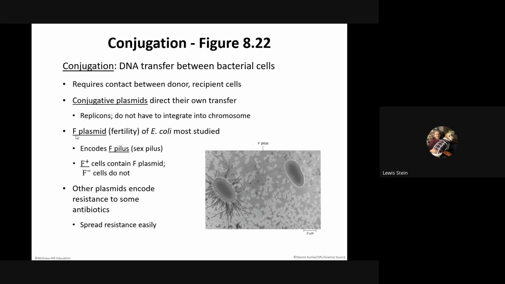One, the ability to make the F pilus or fertility pilus, as you can see a little bit in that micrograph, basically a hollow tube that projects from the bacteria that's going to allow the DNA to move. And two, the ability to transfer the plasmid.